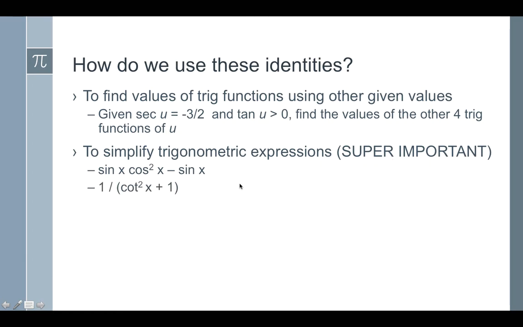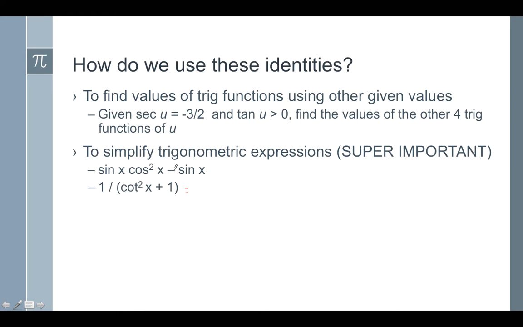All right, so I have, again, remember these are not negative signs here, 1 over cotangent squared plus 1. And again, a lot of the times, when you see a squared function, you should automatically think to look at the Pythagorean identity.